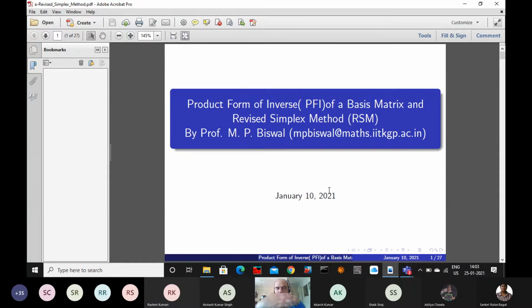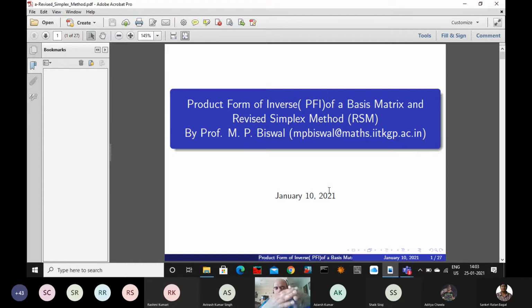If in the simplex table we are using, let us say, 3 iterations, initially 1, then another 2, so 3 times you are computing the inverse of the matrix. When you compute the inverse 3 times, we are spending a good amount of time on the computation.